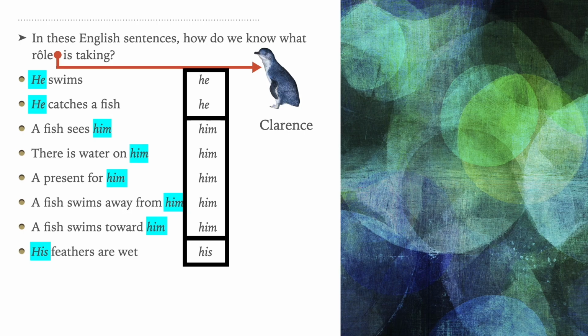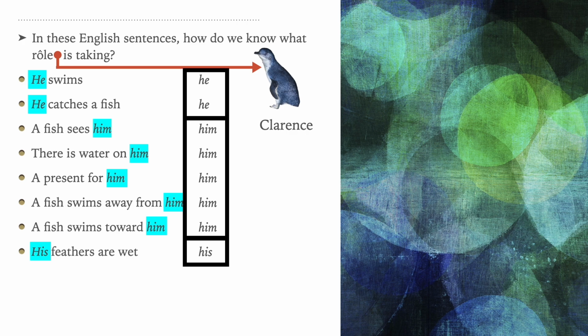So here we've got he swims and he catches a fish. He makes it very clear that they are the subject of the sentence. They're the one performing it in most cases. A fish sees him. We can tell right away that the penguin, Clarence, is not doing the seeing.